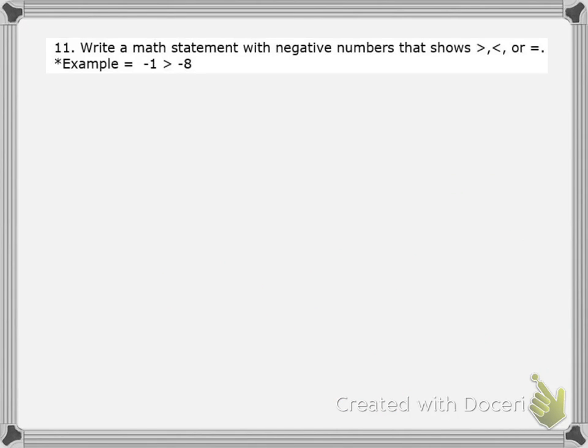And number 11 says, write a math statement with negative numbers that shows greater than, less than, or equal to. And we gave you an example. -1 is greater than -8. So this answer, you can have lots and lots of different choices. But I'll just give you a couple more examples. The biggest thing is that we wanted you to use a negative number and tell me greater than or less than.